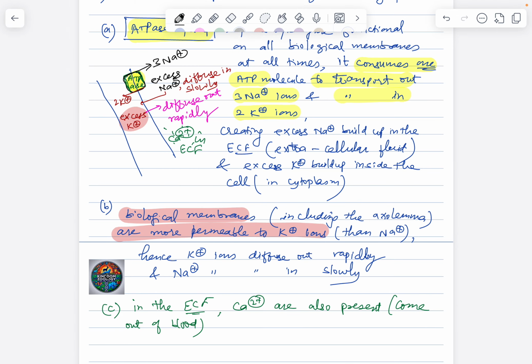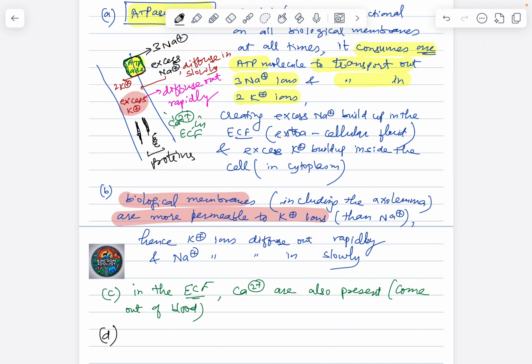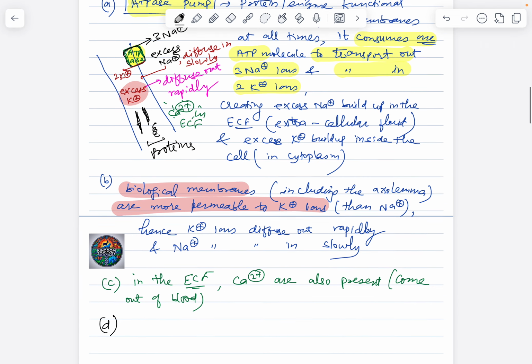And one last thing. What is present inside the cell here? Various types of proteins. All these proteins present inside the cytoplasm of the axon, or the cytoplasm of the neuron, are rich in negatively charged anionic amino acids.